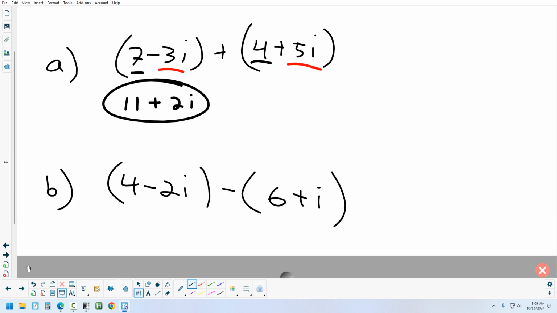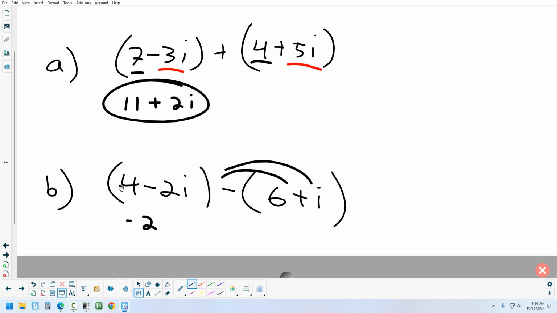Right? Let's try subtraction. So with subtraction, think of it as addition, but you're distributing that negative. So it's really like a -6 and a -i that you're combining with what's in front. Okay, anyone think they can give me the answer to that? What would be -2 minus 3?